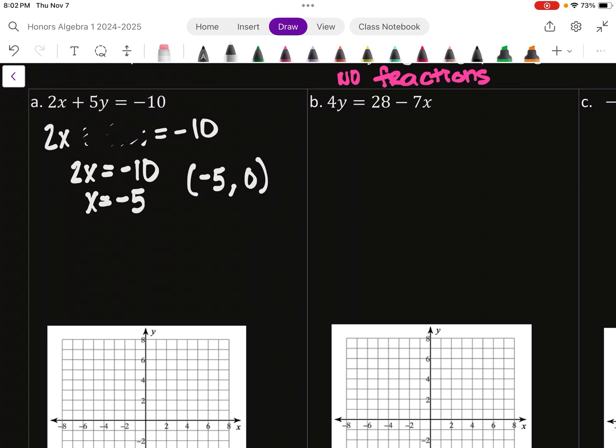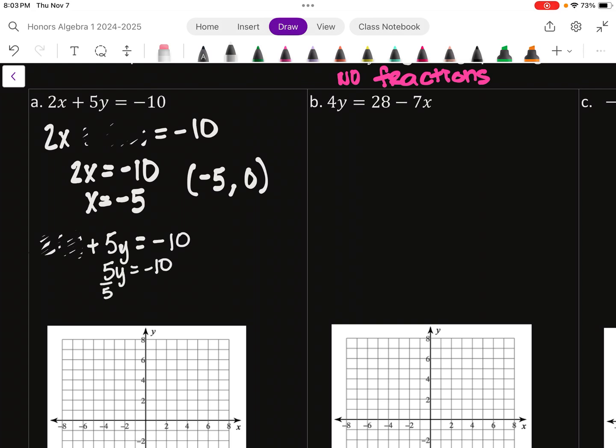I now need to do the same thing for my y. Plug in 0 for my x to find my y-intercept. So 2 times 0 plus 5y is equal to negative 10. Again, I could just cover up the x, and I'm left with positive 5y is equal to negative 10.